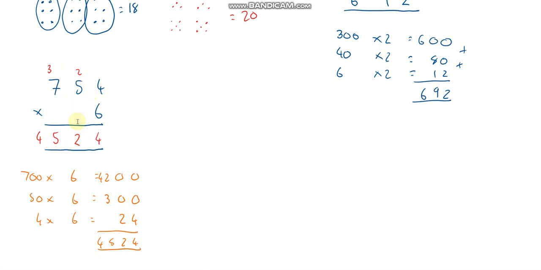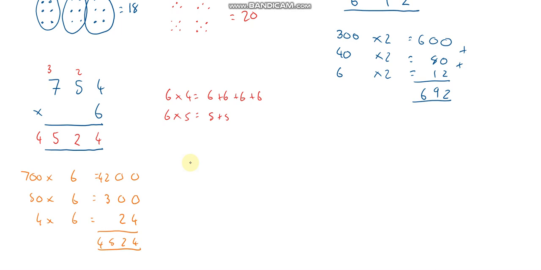So for this, you really want to be good at your times tables. If you're struggling with your times tables, you need to on the side maybe do a separate sum. Okay, so 6 times 4, if you're not sure, don't forget that 6 times 4 is just the same as 6 plus 6 plus 6 plus 6. And then you're adding. Okay? 6 times 5, that's the same as, well, I've got 6 sets of 5.